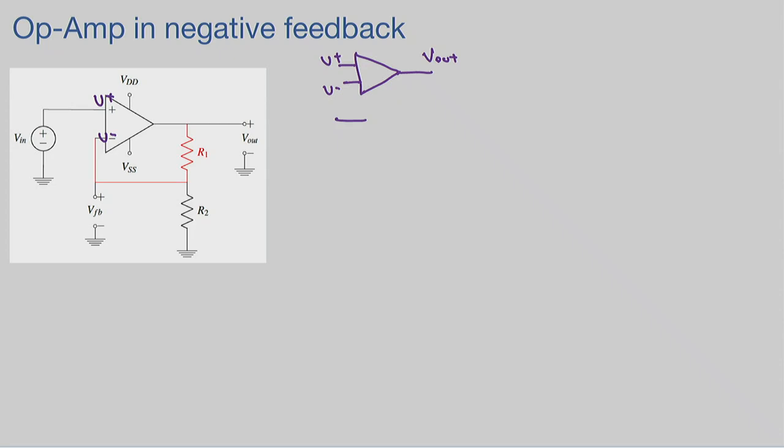The equivalent design would be something like this, where I have U plus, I have U minus, and I know that the voltage between those terminals is equal to U plus minus U minus, and that's equal to our VD for now.